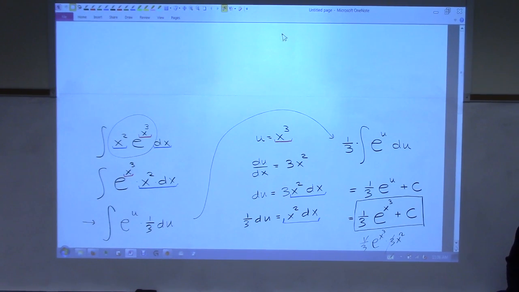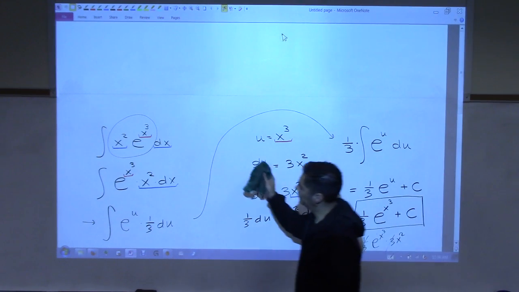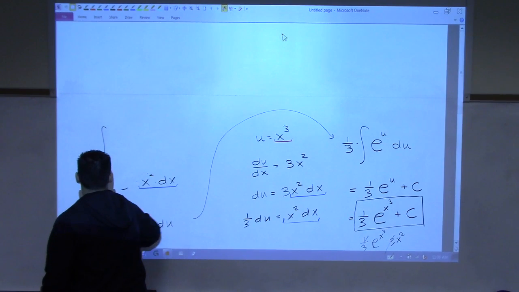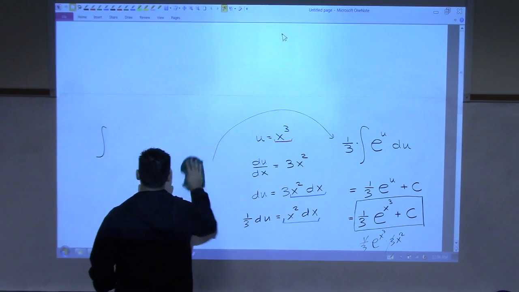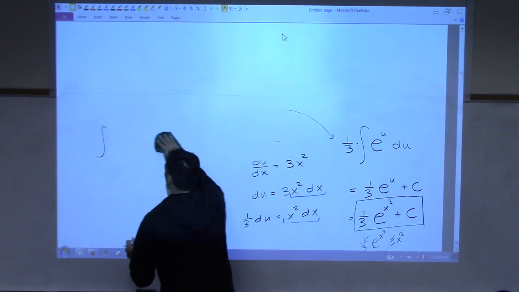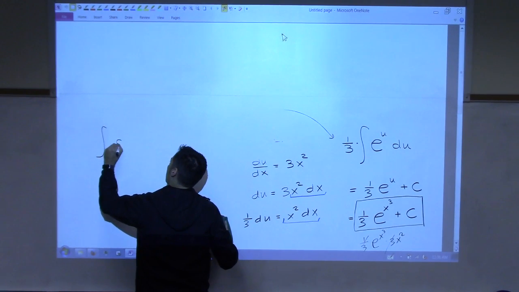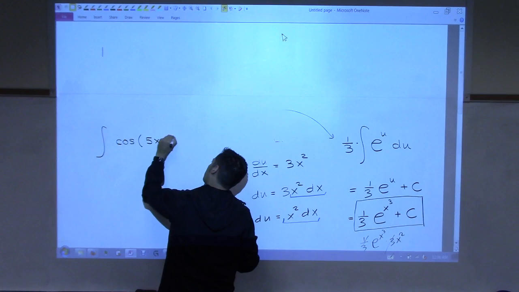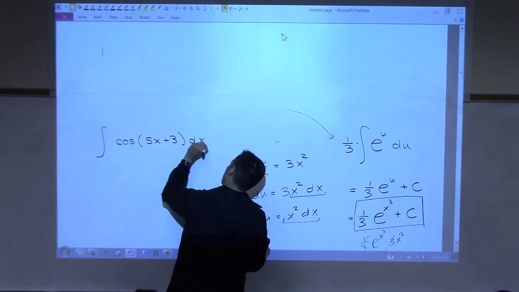All right, let's try another one. This one's going to be weird. Cosine of 5x plus 3 dx.